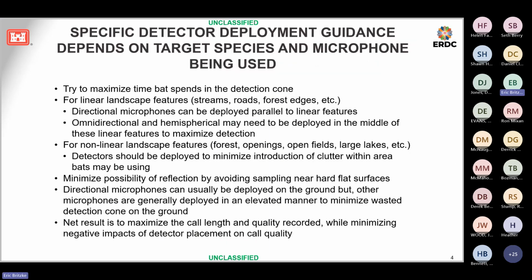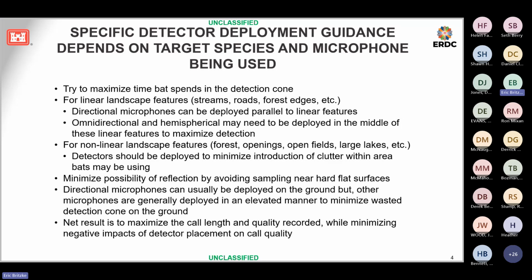I've got some guidance here. The biggest thing, and we talked about this last week too, is that each kind of microphone, whether it's a directional, hemispherical, or omnidirectional microphone, has a zone of detection around it, in which case if a bat flies through that area, it's going to be detected.